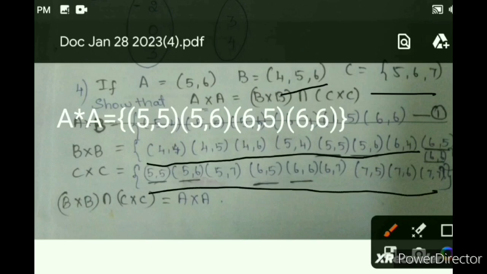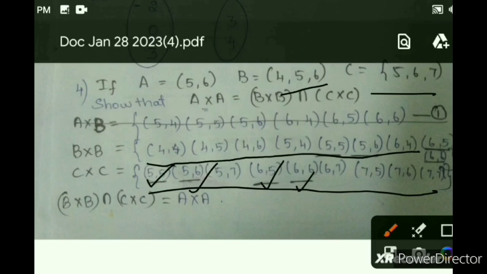Now we need to find the intersection of B cross B and C cross C. So what are the common things present in these two? 5, 5, 5, 6, 6, 5, 6, 6. Check these with A cross A, both are the same. So the given statement is correct.